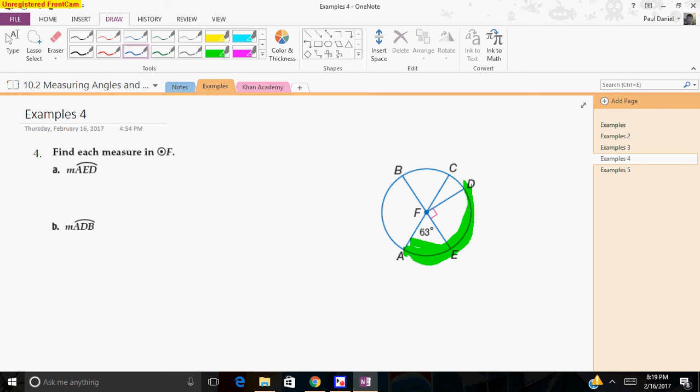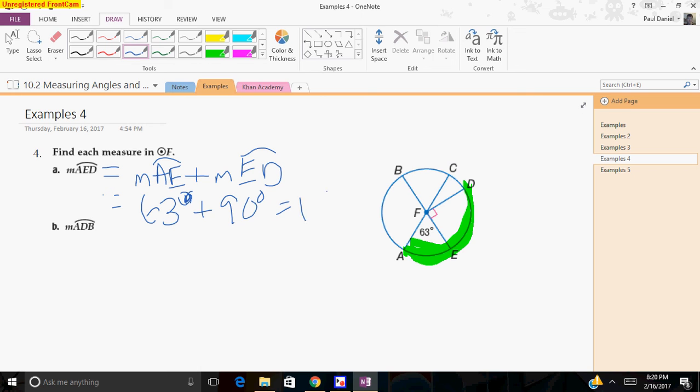And since I know from earlier, there's that postulate about the measurement of arcs that are adjacent to each other making up the whole, I know that the measurement of AED is equal to the measurement of AE plus the measurement of ED, which means that I've got 63 degrees plus 90 degrees, which gives me 153 degrees for the measurement of arc AED.